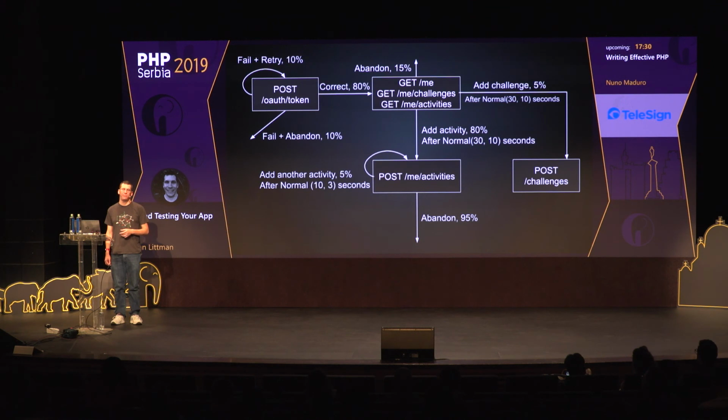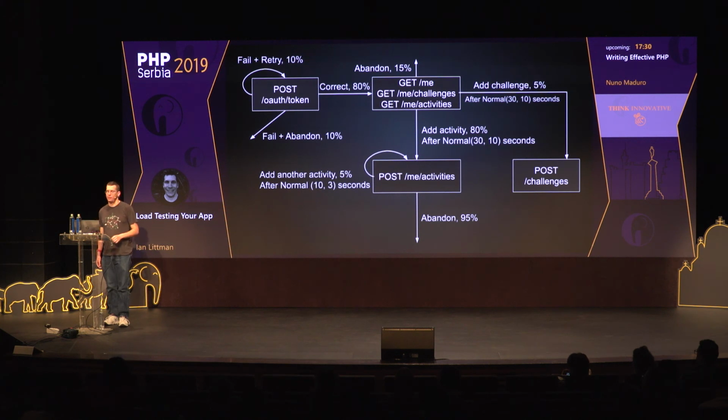So after sitting at the main homepage for a little bit, they go in, they enter an activity. We assume that they enter all the information correctly because maybe we have client-side validation, so the input errors aren't going to propagate up to server-side. And then maybe they leave. Or maybe they say, well, I need to enter another activity, and they do that.